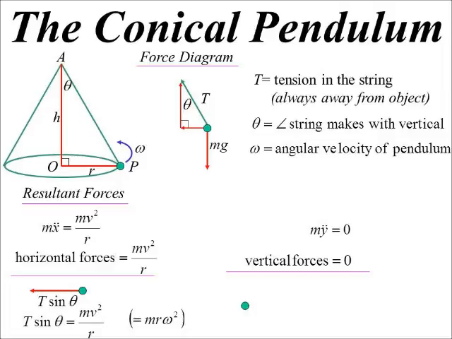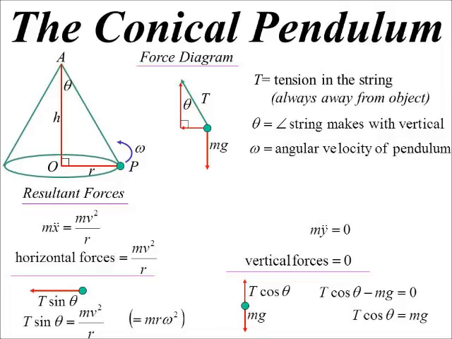Now, vertically, I'd have T cos theta going up, and I've got mg going down. So they will add together, but of course mg is negative, it's in the opposite direction to T cos theta, is equal to 0. It doesn't matter whether you make up being positive or down being positive, because they sum to be 0.